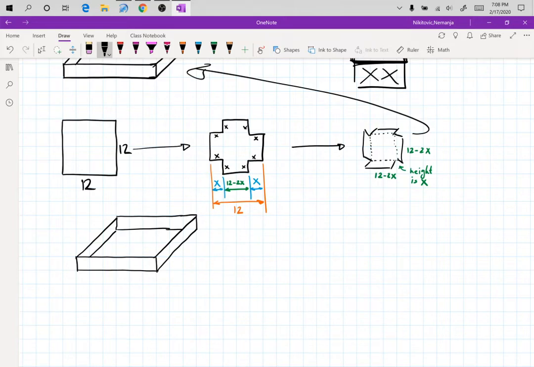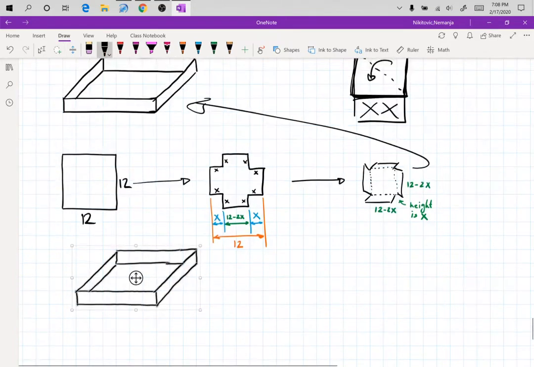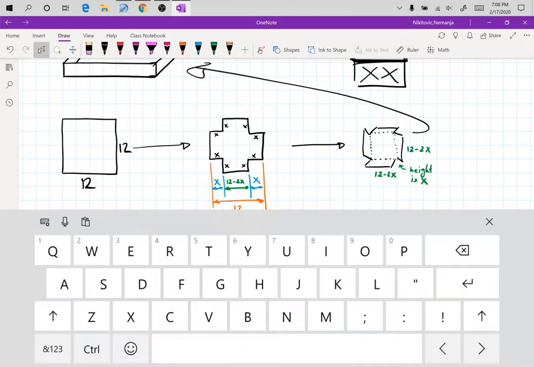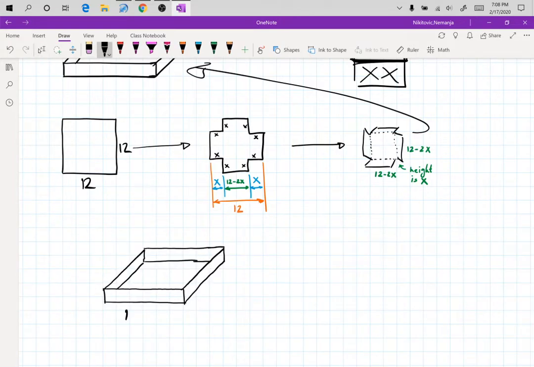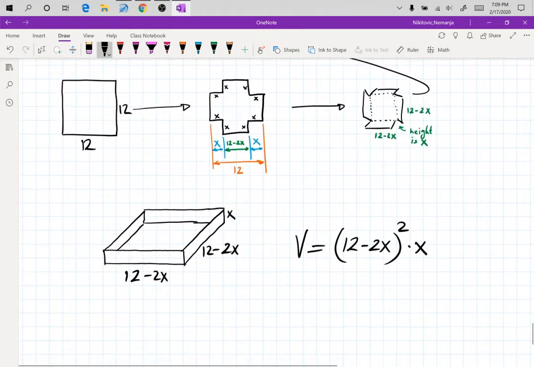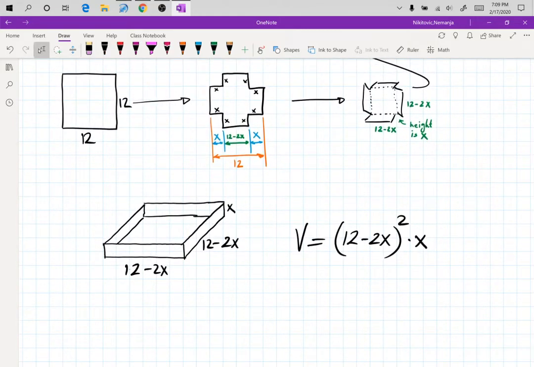This one is 12 minus, sorry, 12 minus 2x by 12 minus 2x by x. So volume is (12 minus 2x) squared times x. That's the volume, in terms of how much you punch out.